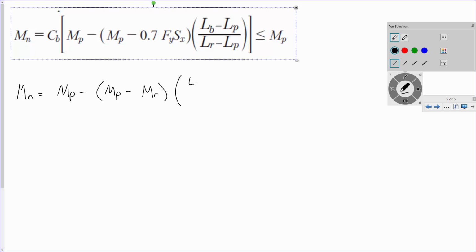Over LB minus LP, minus LP, right? Now, I can rewrite this term over here on the right to say MP minus MR.